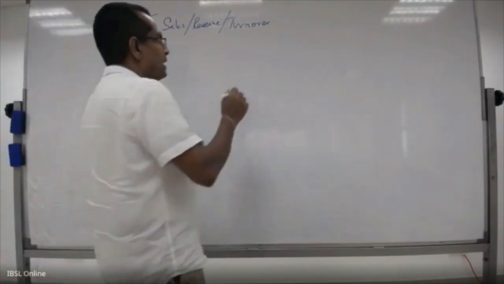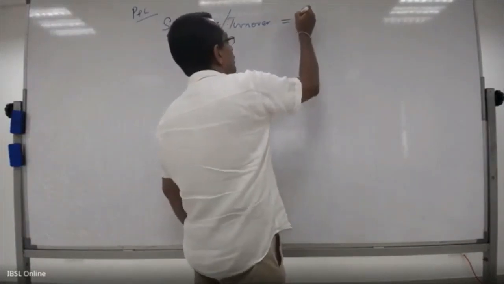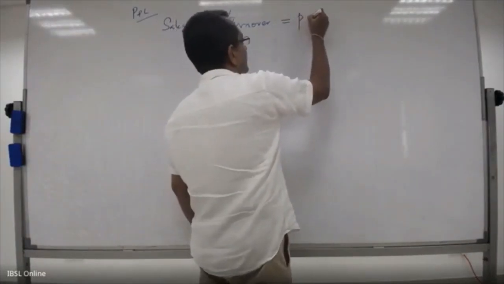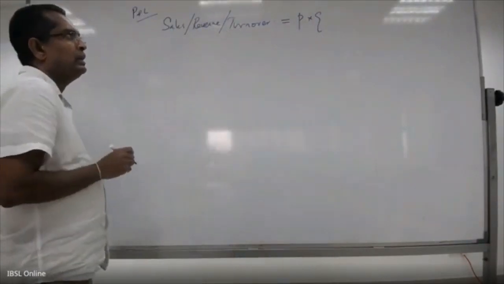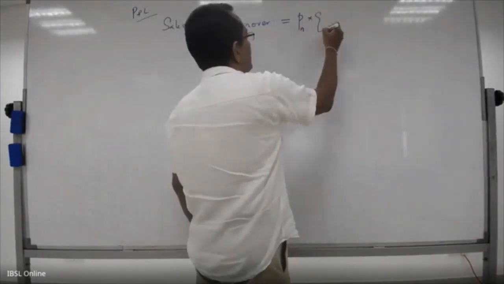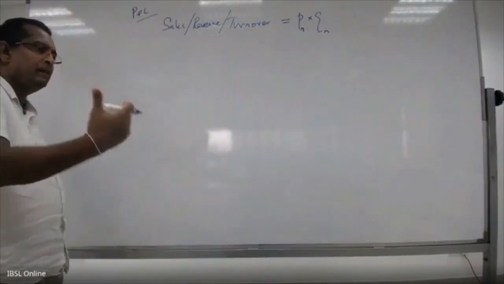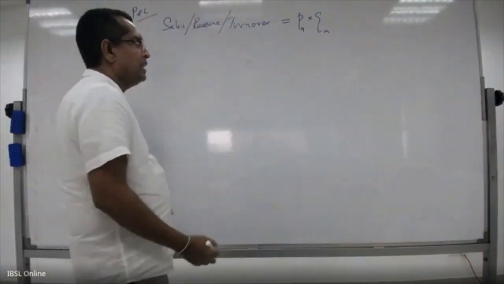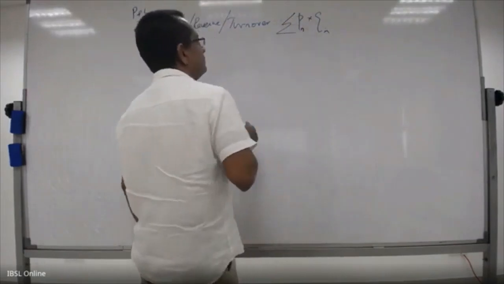So this is the top line of a business, which is equal to price into quantity you sell. So it can be several products. It can be TVs, telephones, refrigerators, and everything. So it is the summation of this.